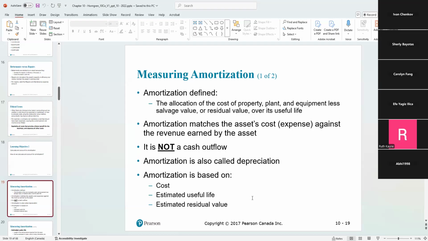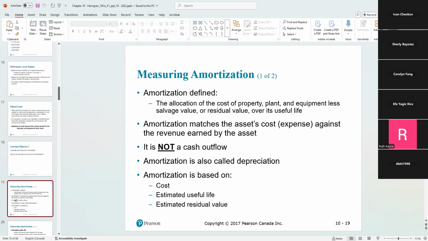And now, in order to calculate the amortization, we're going to start using different terms. How long do we need to record that amortization? As long as we're using the asset. So we have to prorate the amortization over the useful life of the asset.